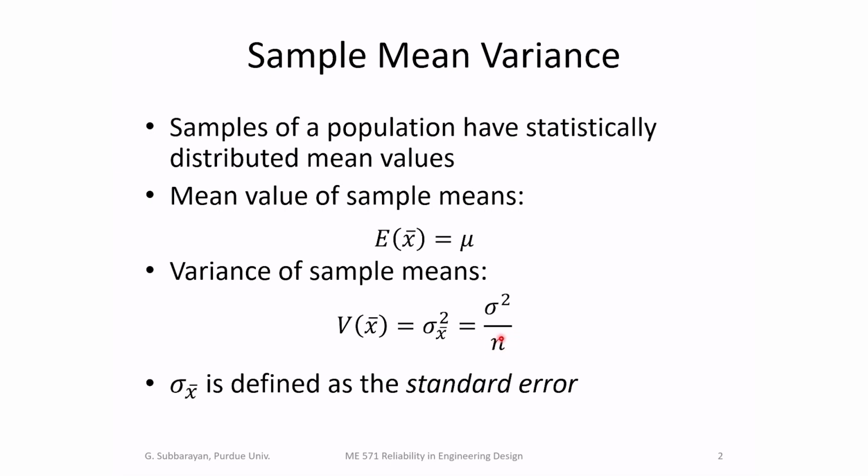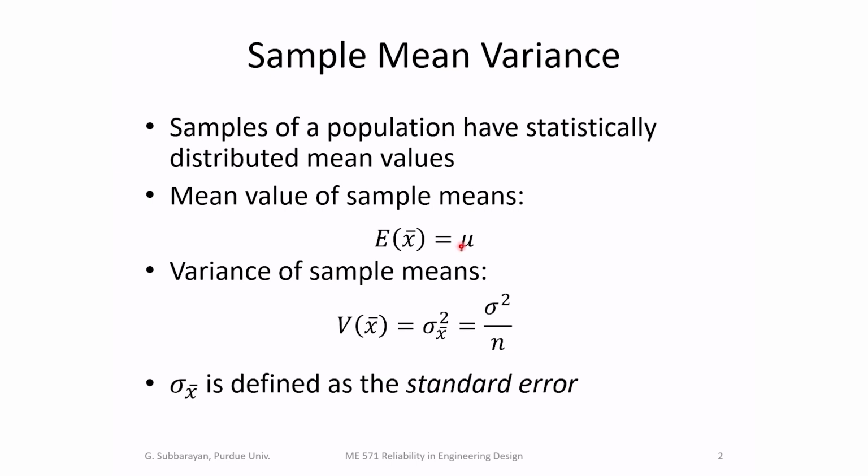As my sample size becomes larger and larger, the variance in the mean value x bar starts to go down. And so therefore, the standard error is important in determining the number of samples that one needs to have. In general, larger the sample size, less the error.